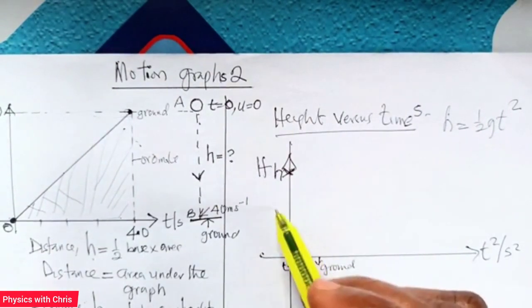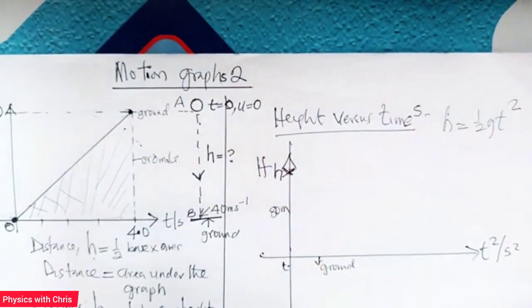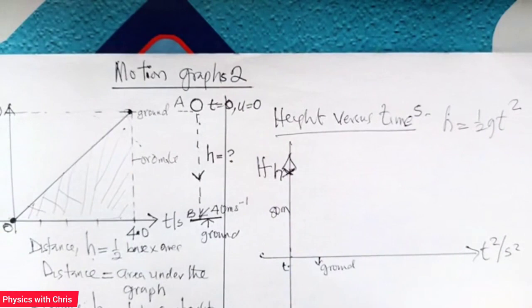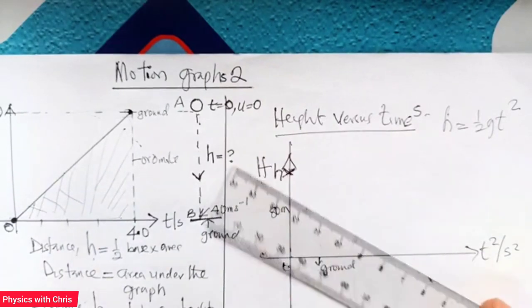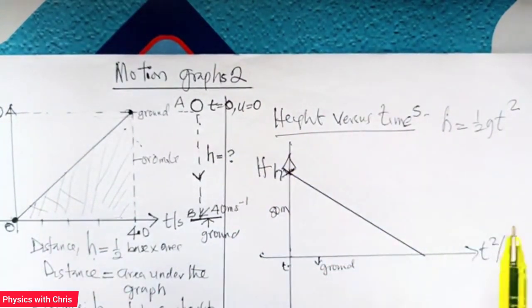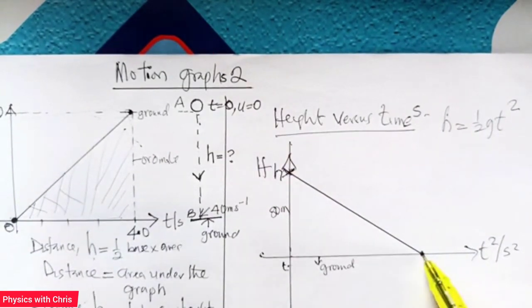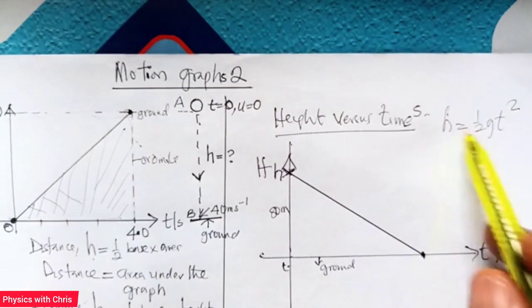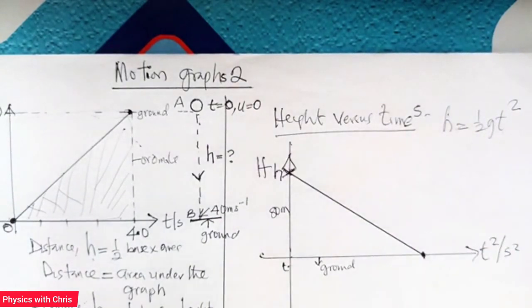This is your height h, let's say for instance 80 meters. From this point to this point is like your 80 meters. So what is the height after 1 second, 2 seconds, and all that? The graph is going to take this shape, a straight line graph. This is where the body strikes the ground, and that's the variation of the height of the body against time squared.